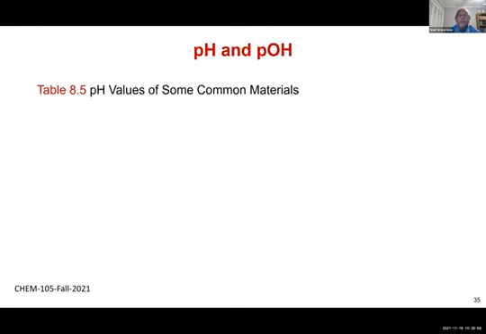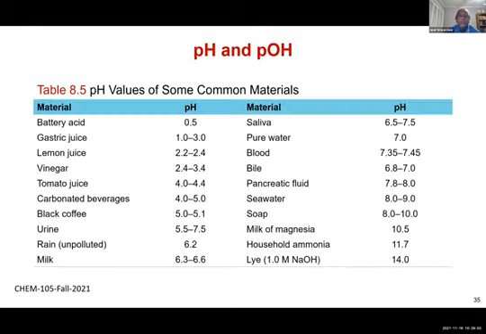I'm going to list some of the pH values of common materials. Lead battery acid has a pH of 0.5, which is very strong. Notice that gastric juice is also acidic, between 1.0 and 3.0. Lemon juice is acidic, 2.2 to 2.4.